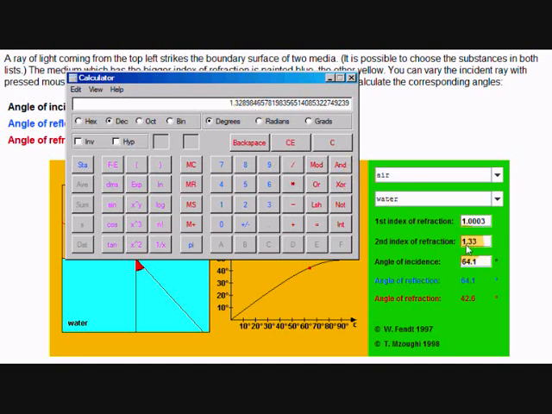So Snell's law works. The sine of the angle of incidence over the sine of the angle of refraction does indeed give us the refractive index for the second medium, which is 1.33, which it is for water.